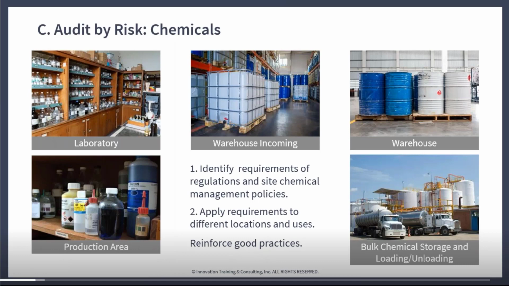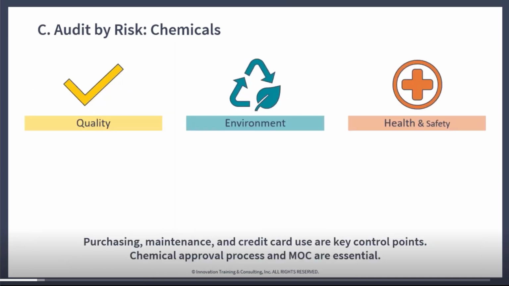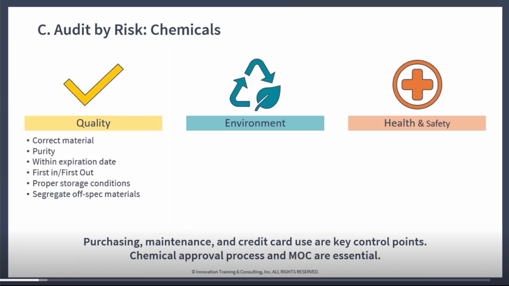So if I take a little side reinforcement of this concept, sticking with auditing by risk for chemicals, if I have my quality glasses on, I'm going to be verifying it's the correct material, purity within its expiration date. Hopefully that whole first in, first out in the warehouse is working. And it's essential that we segregate off-spec materials so it does not get into production.